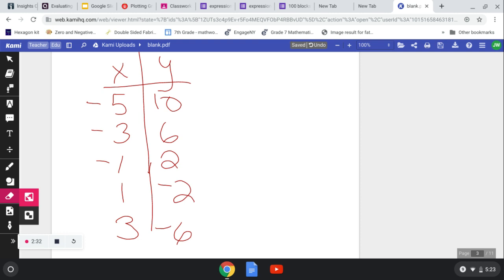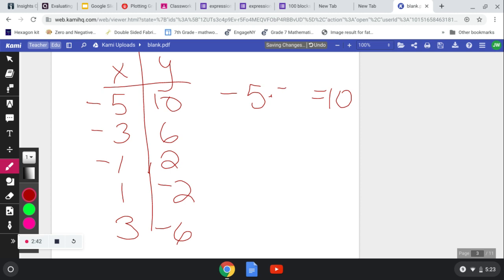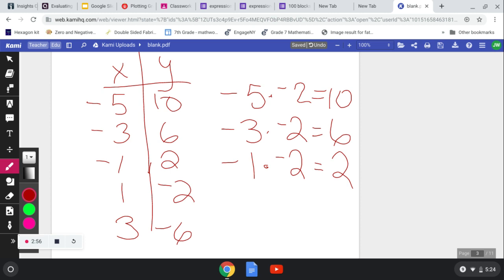So now, -5 times what would give me 10? Well, a negative times a negative will give me a positive. So -5 times -2 would give me 10. Now let's see if that will hold true. -3 times -2 is positive 6. -1 times -2 is 2.